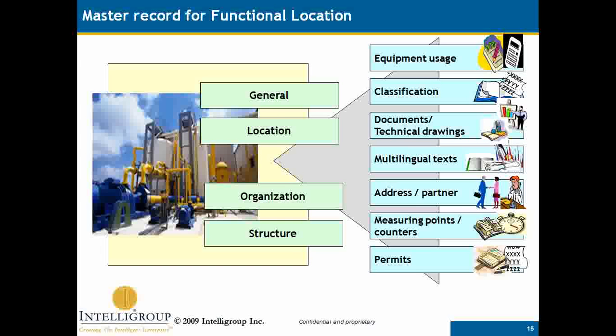In the function location, the important tabs in the master record are General, Location, Organization and Structure. In the General tab, all the information is collected, for example that the motor is supplied by ABB. There are manufacturing details in the nameplate. We call it nameplate in the usual business terminology.